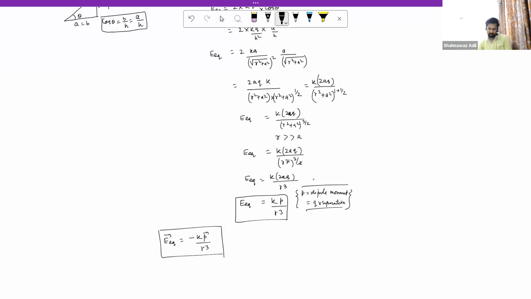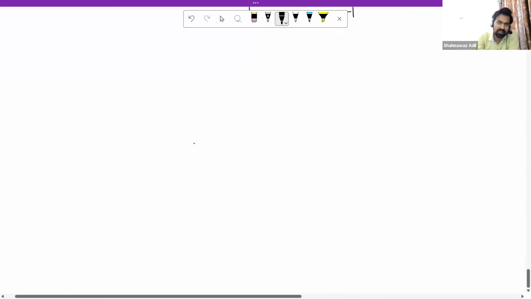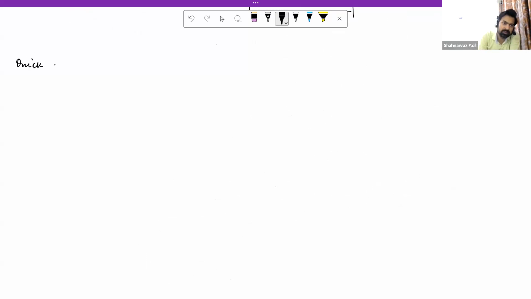Done. Yeah. So let us summarize this electric dipole. What have we learned so far? Firstly, we have understood about electric fields. So first we understood the preliminary ideas of electric field.